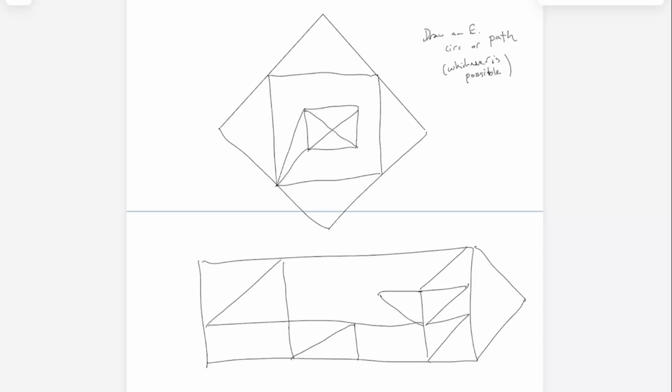So you know where you're gonna start. If you see the 2 odds, that means you have to do a path, not a circle, because there's 2 odds, and you should start at one of the odds and end at the other. Yeah, I think you missed all these edges.